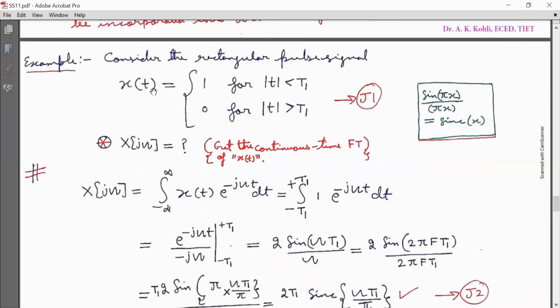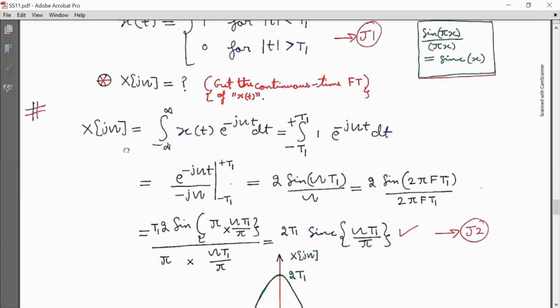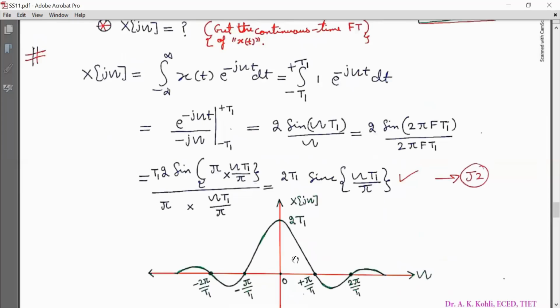Therefore, we can observe that the continuous time Fourier transform of a rectangular pulse in time domain is a sinc function in frequency domain as shown.